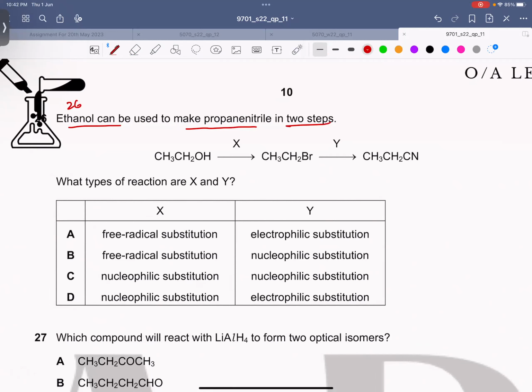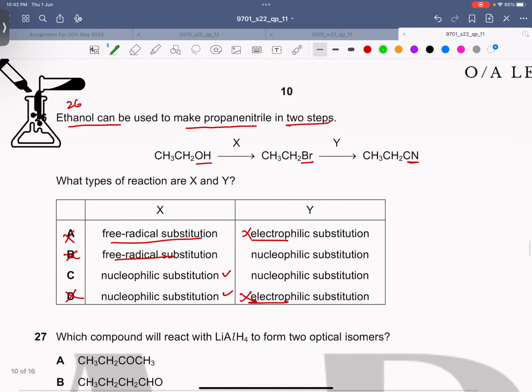If you look at step 1, the OH is substituted by bromine, which is not at all a free radical substitution, it's a nucleophilic substitution. Then bromine is substituted by CN, so it is not an electrophilic substitution, so D goes wrong. It is also a nucleophilic substitution and C is your correct answer.